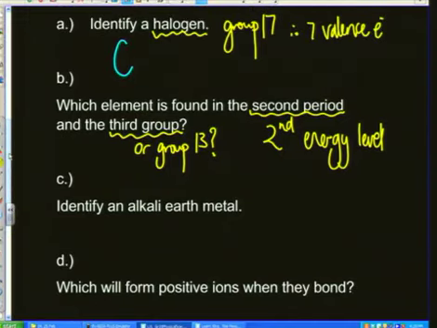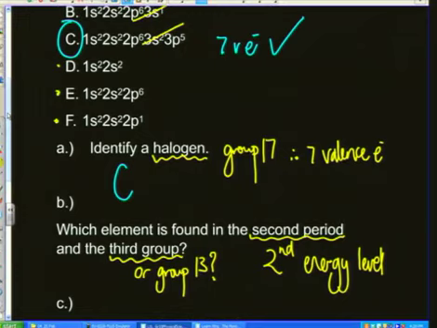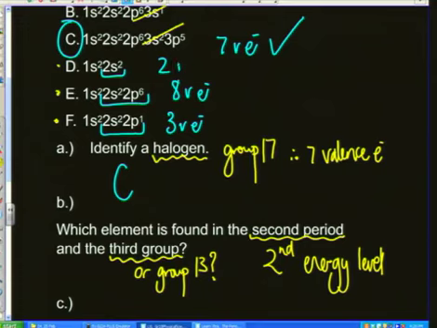It would have to be fitting in with 3 valence electrons. So notice here, that's going to have 3 valence electrons. This one is going to have 8 valence electrons. This one only has 2 valence electrons. So my option must be F, because it fits both criteria. It's in the second period, which means the second energy level, and it's in the third group because it's got those 3 valence electrons. So my option there is F.